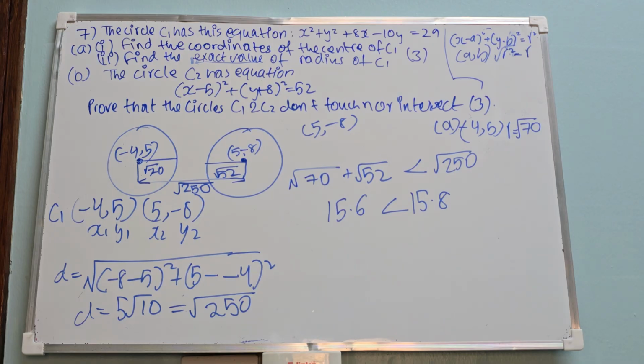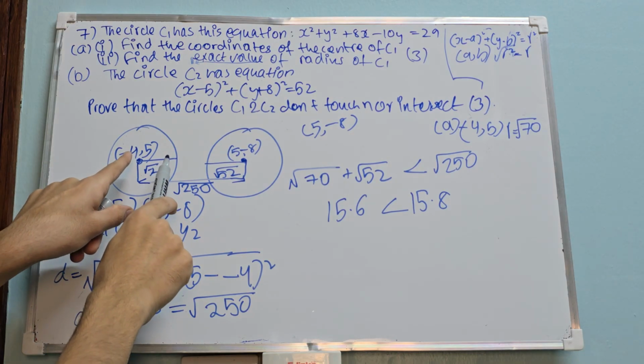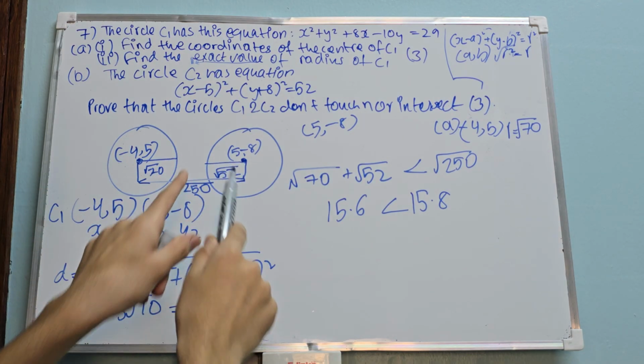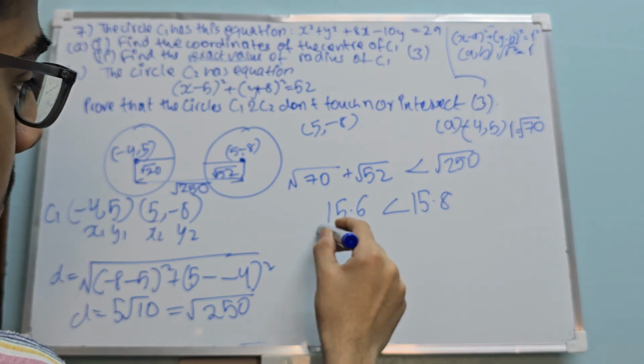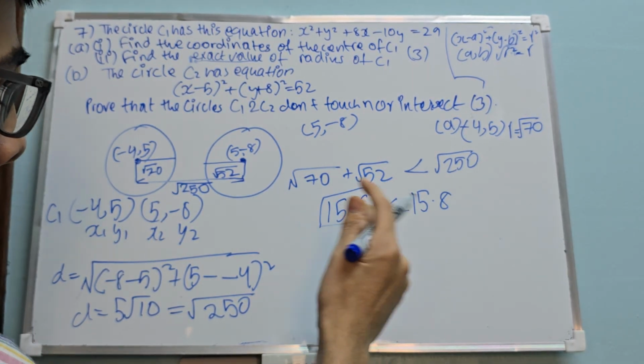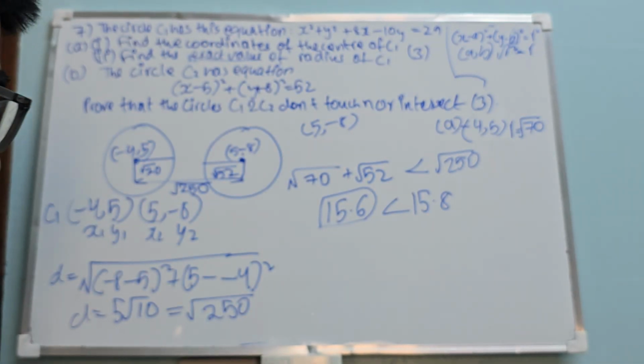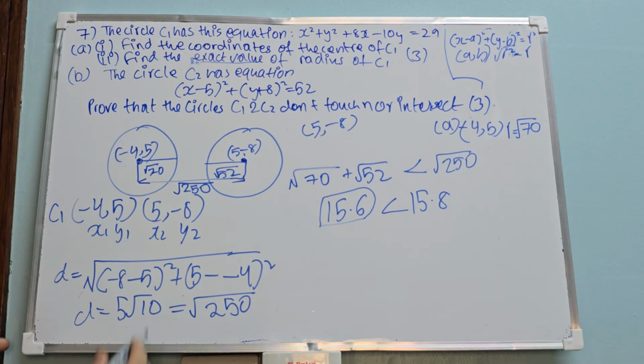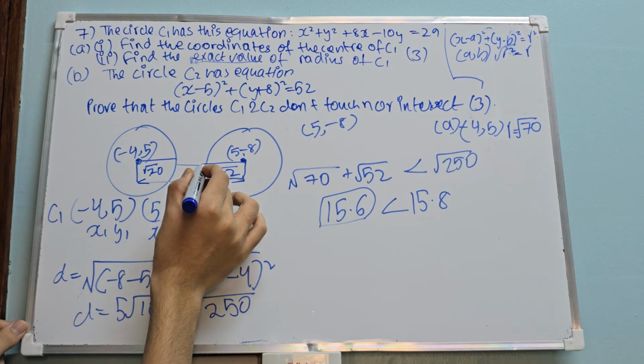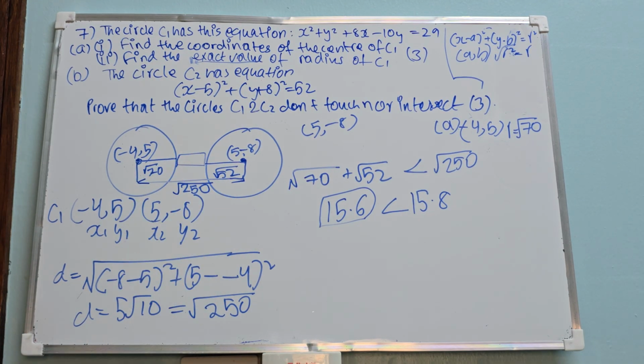Now what we can understand is that these two radii, when they are added up, are going to be less than the distance between the two centers. So that means there is going to be a gap between the circles. If there is a gap between the circles, this clearly means that they don't touch nor intersect.